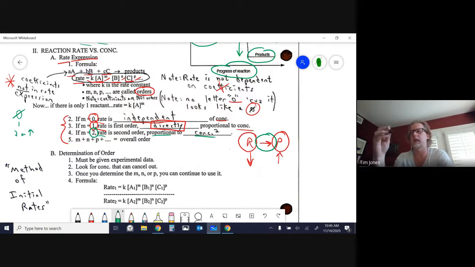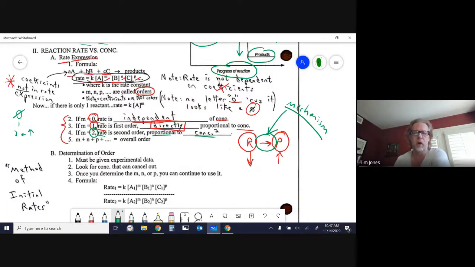And so I can't really get into why things have an order of 0 or 1 or 2 until we really take a look inside the arrow, and we're going to do that soon. That's going to be called the mechanism. And once we look at the mechanism, then we can actually explain and show why something has the order it does.